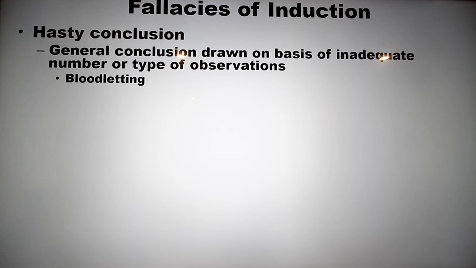So we saw that, for example, with bloodletting, where people observed that patients who had bloodletting felt better, but that's not really a valid observation for determining whether or not the human body is actually helped by bloodletting.